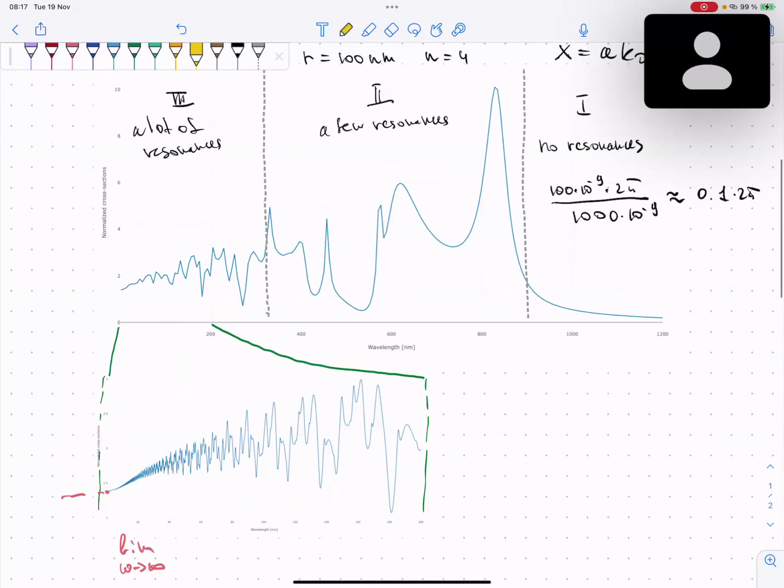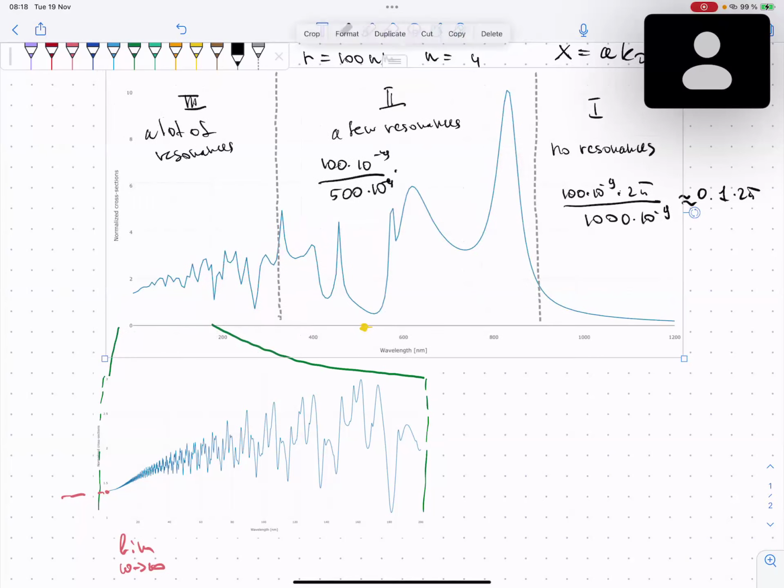In this region, for example, let me take 500 nanometers for simplicity. It will be 100 nanometers divided by 500 nanometers multiplied by 2 pi.